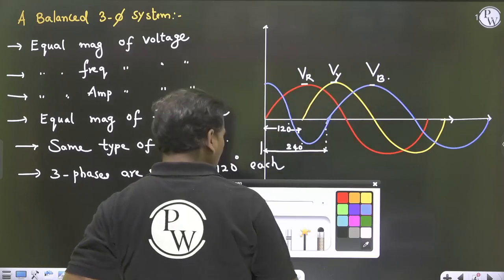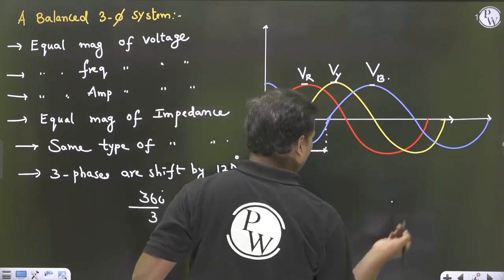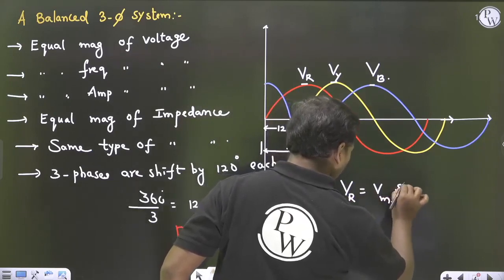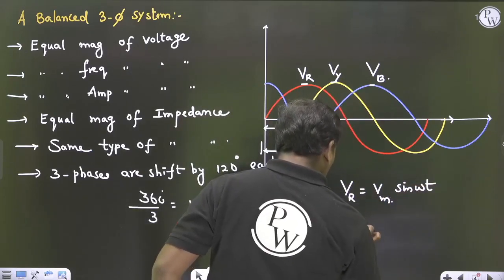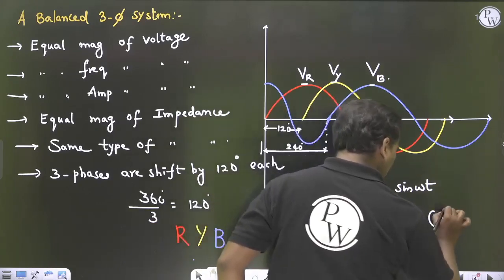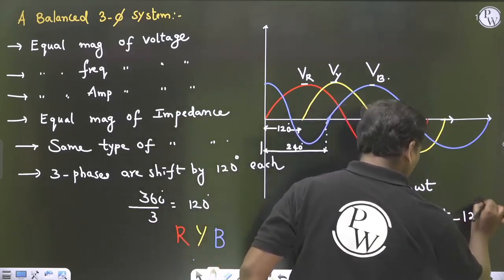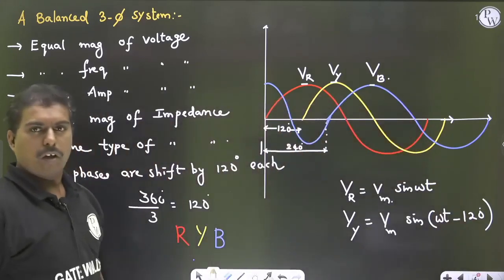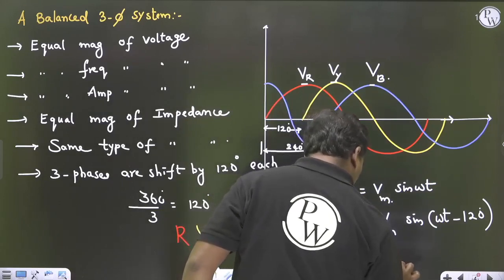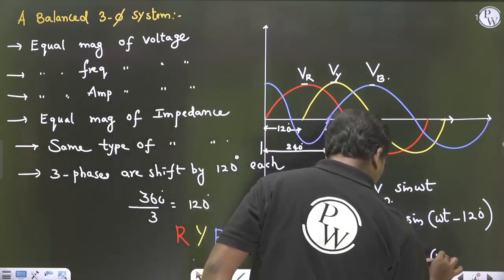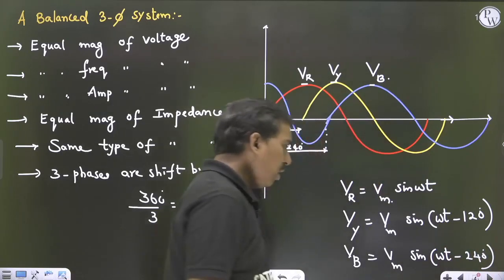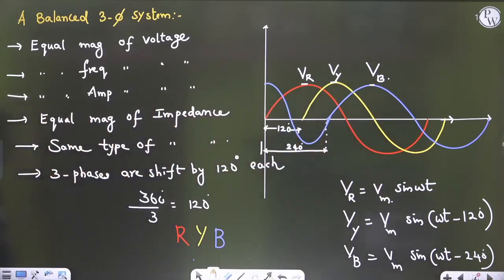Suppose you take the VR voltage as Vm sin omega t, the VY will be Vm sin(omega t minus 120 degrees), and VB can be taken as Vm sin(omega t minus 240 degrees), or we can also take it as plus 120 degrees.